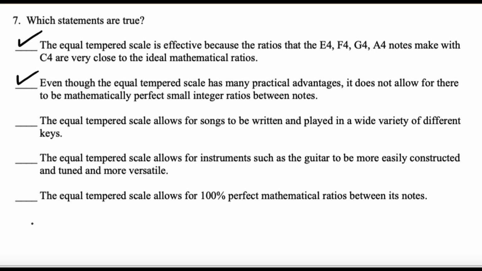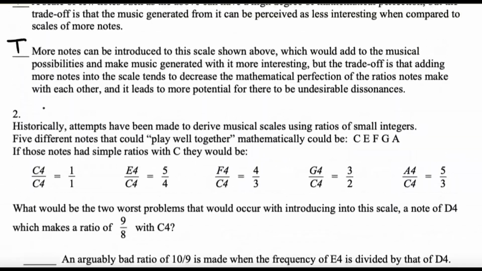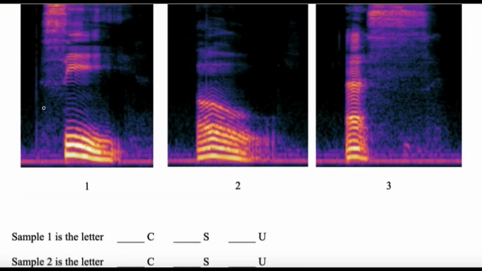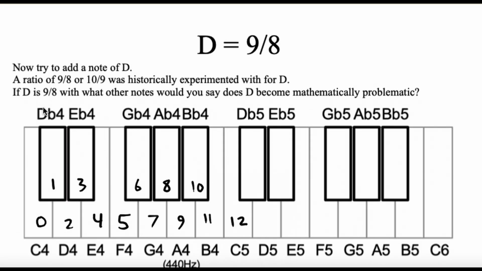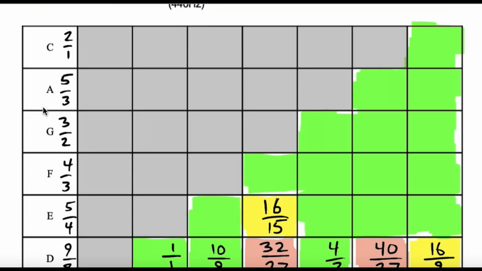That is true. The equal tempered scale allows for songs to be written and played in a wide variety of different keys. Totally true. It used to be you had to have your piano or your harpsichord or whatever tuned to a particular scale, such as trying to tune it to this, where you let the D be the only one that's off, and all the other notes were good.